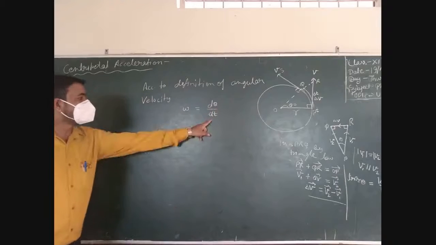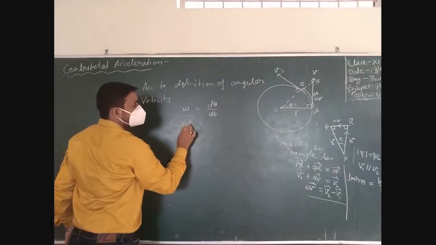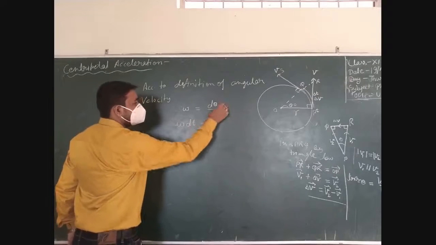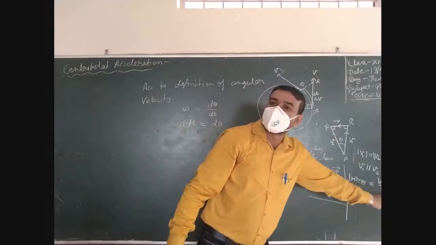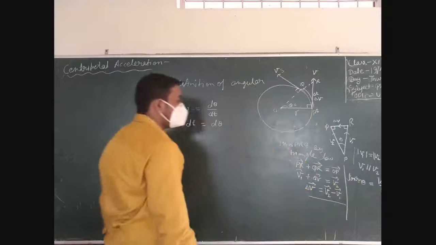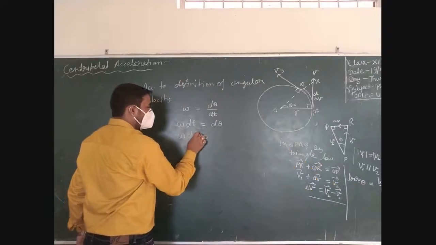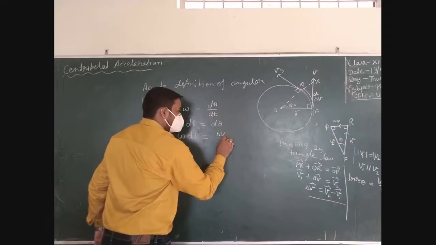Now use this here. So omega dt is equal to d theta, and we have the angular displacement equal to del v upon v. So omega dt is equal to del v upon v.